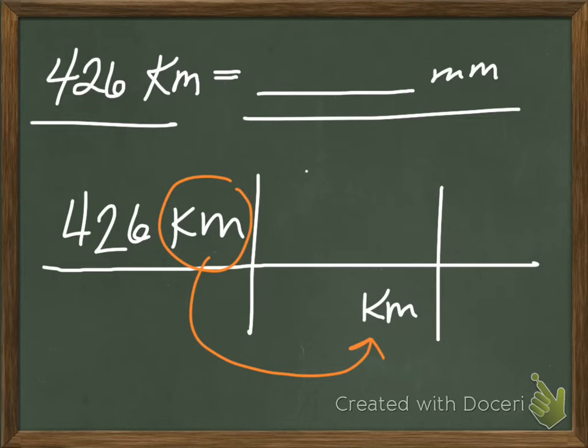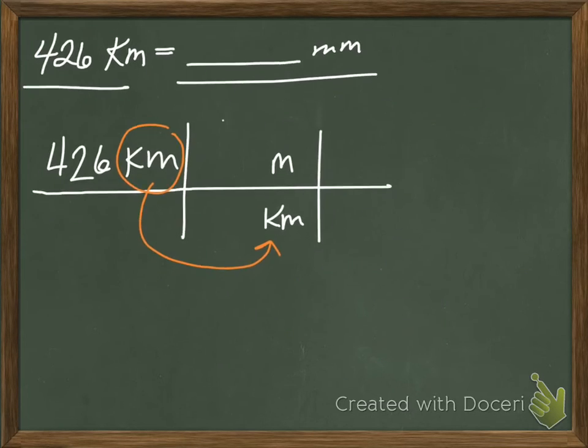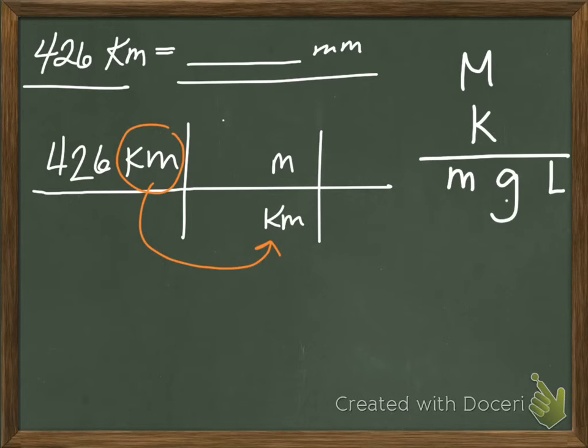Which means I'm going to go into meters. So if we think about all of our mega, kilo, meter, gram, liter, those are our base units, the things that have no prefixes on them, okay?